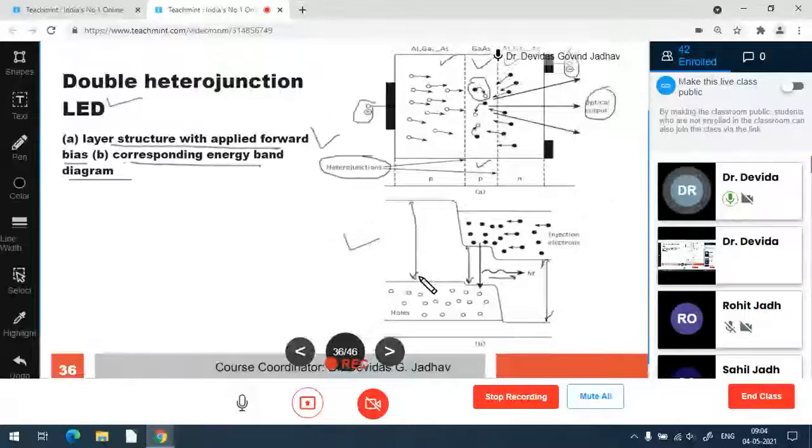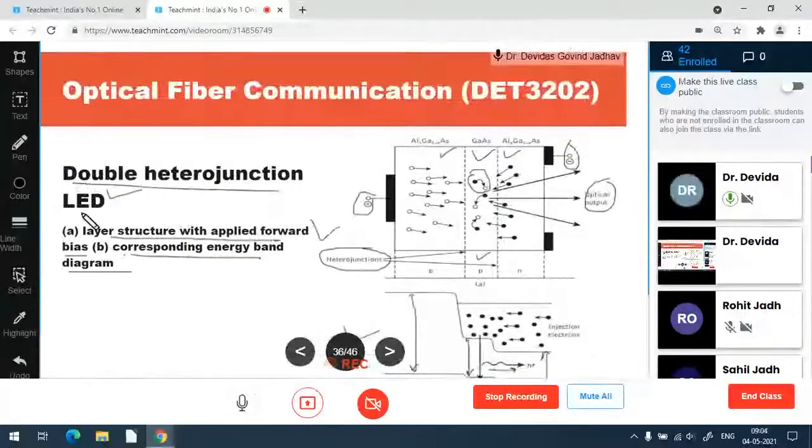That is shown in this figure, which is the double heterojunction LED structure, similar to the laser double heterojunction structure.